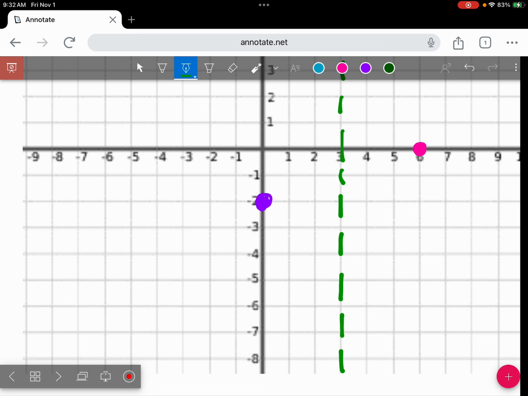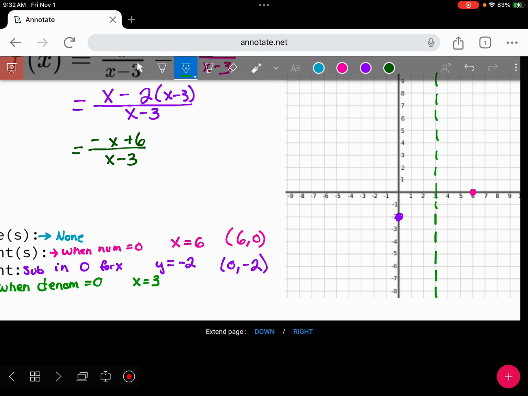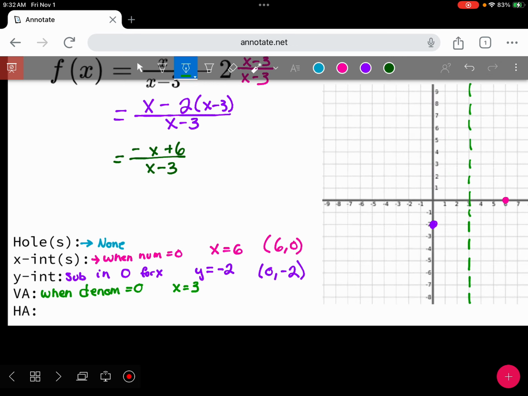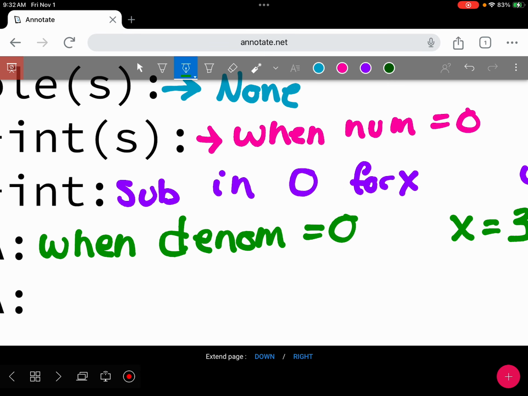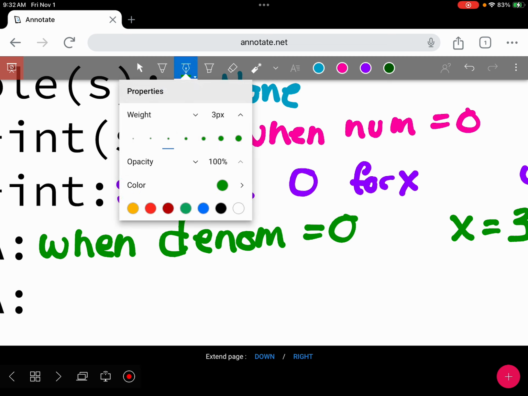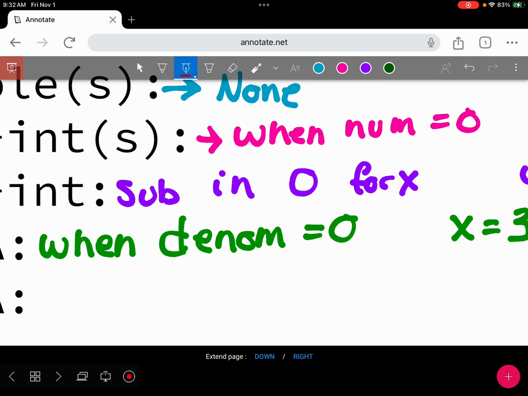Our horizontal asymptote, or our end behavior asymptote, that's when we're thinking about, is it the numerator bigger, the denominator bigger, or do they have the same degree? Same degree. If they are the same degree, what do we look at? The leading coefficients. So it's the ratio of the leading coefficients.